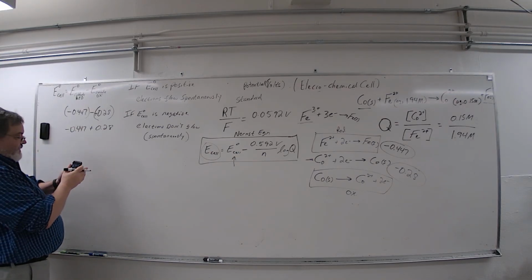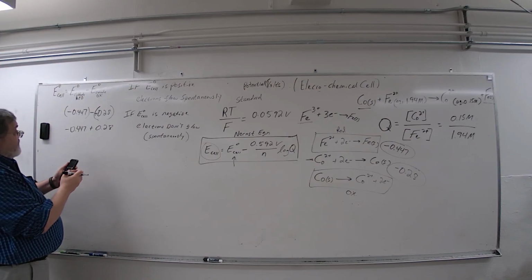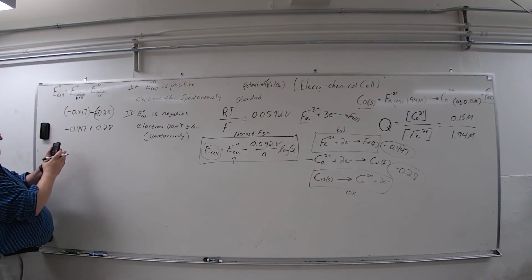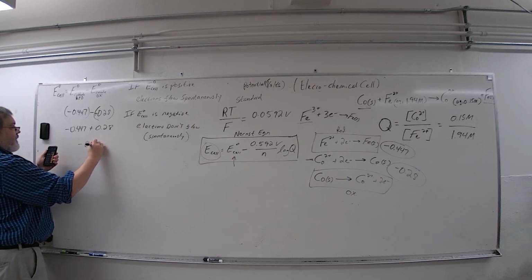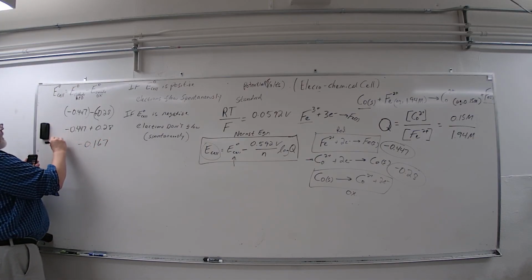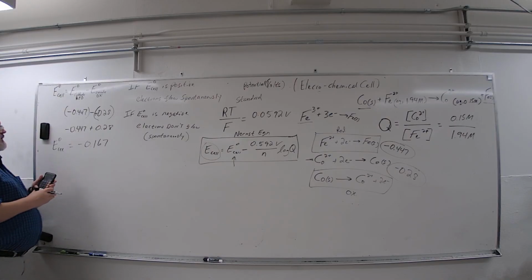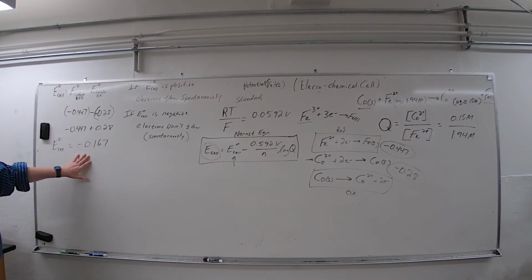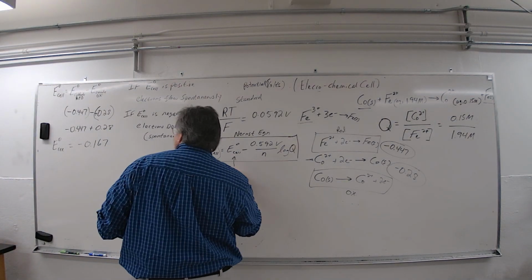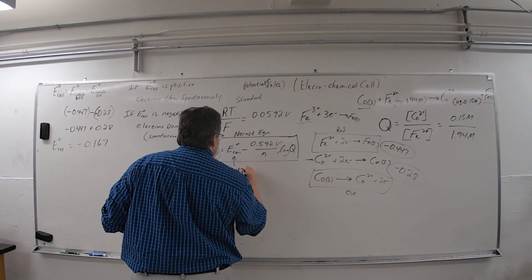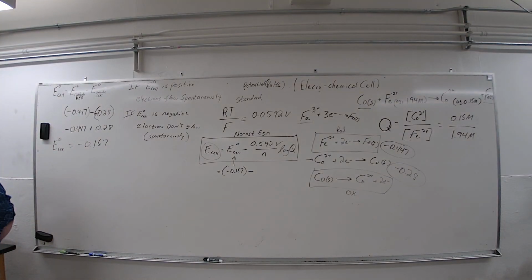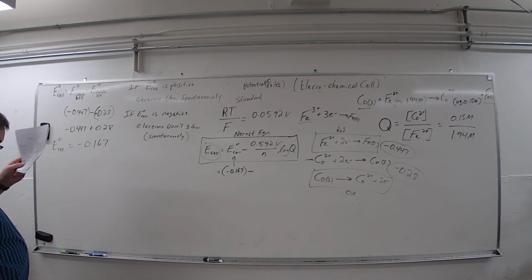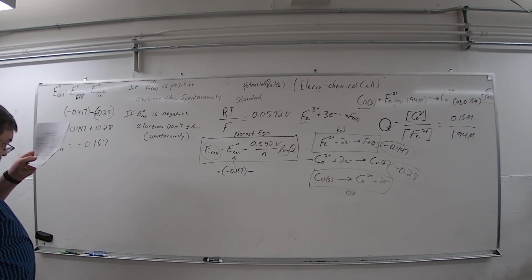I'll get the calculator out for this, because I'll get it wrong if I don't. So one thing we know, at standard conditions, electrons would not flow here because this is negative. So we just calculated this. Now we have to do minus. Make sure I got that right.